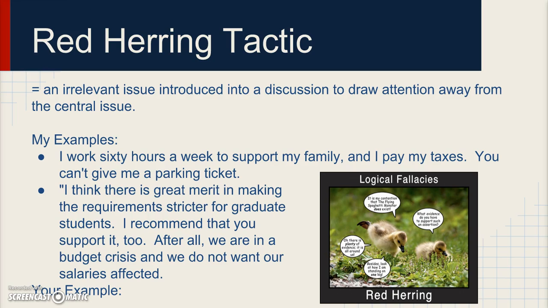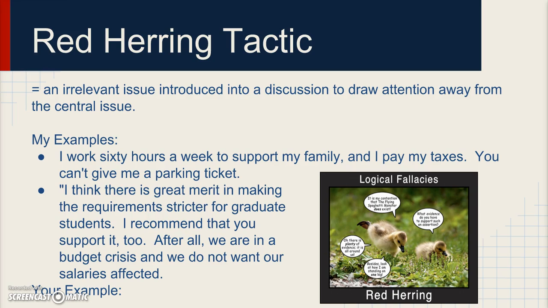So for instance, in the first example, if you say I work 60 hours a week to support my family and I pay my taxes, you can't give me a parking ticket. That would be red herring, because working 60 hours a week to support your family and paying your taxes has really nothing to do with giving you a parking ticket. You're trying to make the person feel bad, but it's completely off topic of the parking ticket. The other example, I think there is a great merit in making the requirements stricter for graduate students.